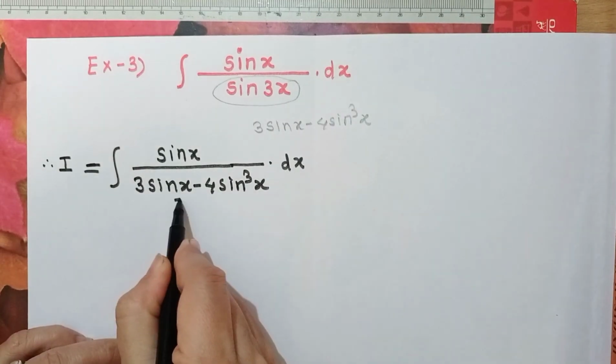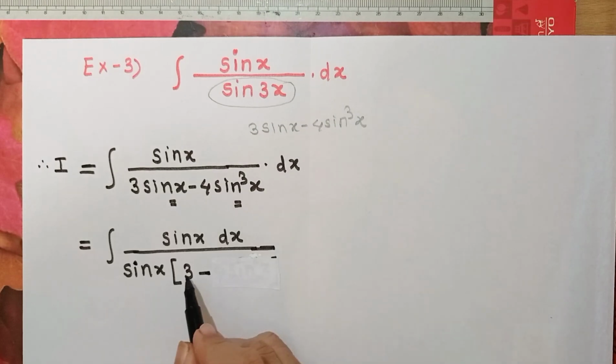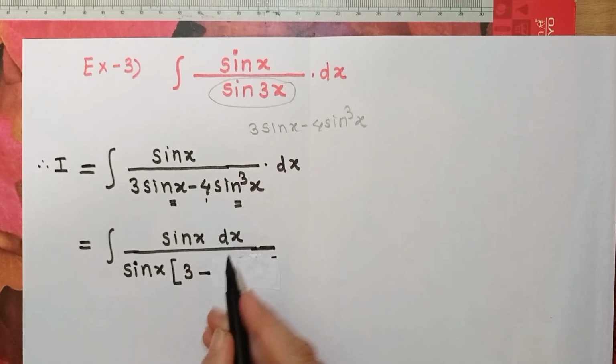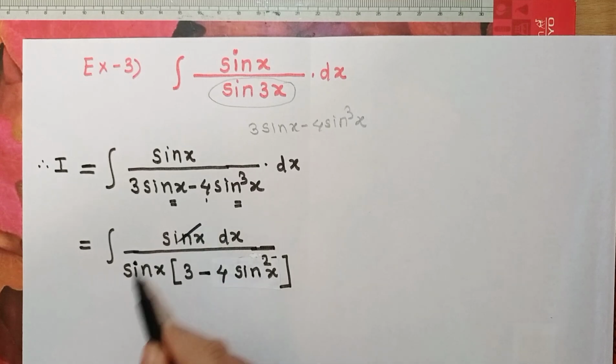Now from the denominator take sin of x common. So in the bracket 3 minus 4, and here sin square x will remain and this bracket completes. Now upside downside this sin x gets cancelled.